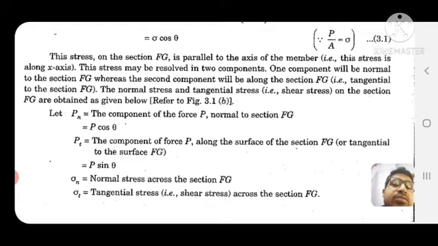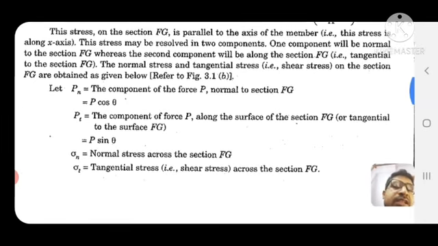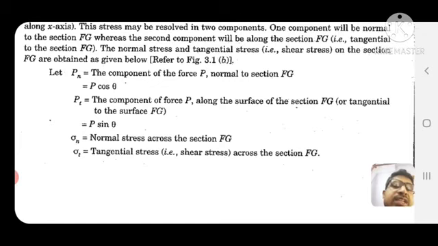This stress is along the x-axis. One component will be normal to the section FG, whereas the second component will be along the section FG. So one is Pn. Pn is the component of the force P normal to section FG, that is equal to P cos theta. The other component is P sin theta.